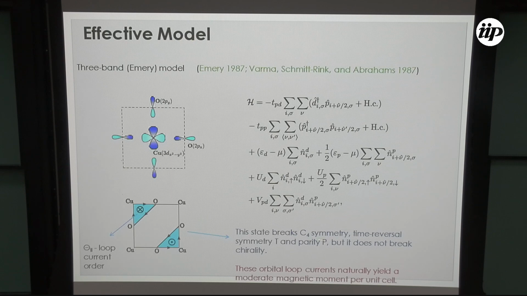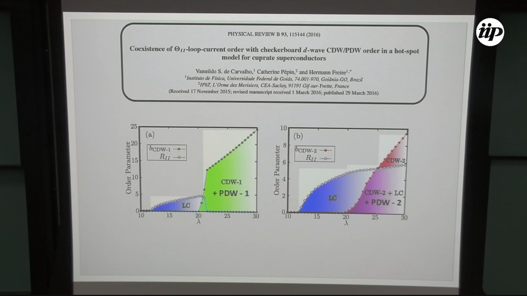This state breaks C4 symmetry, so it's a nematic state. It also breaks time reversal symmetry, breaks parity, but it does not break chirality. And these orbital loop currents naturally yield a magnetic moment per unit cell.